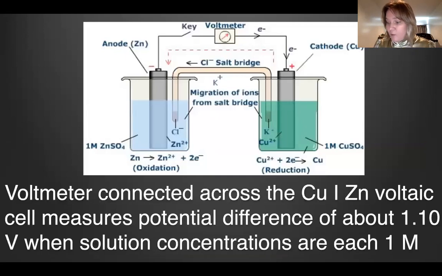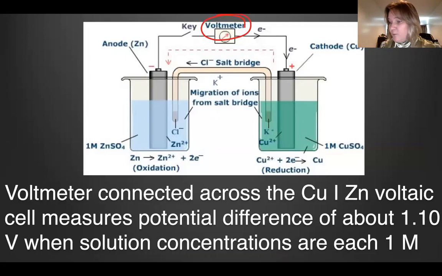So in order to measure the voltage, we connect a voltmeter in the middle of the electrochemical cell. So the voltmeter connected across the copper zinc voltaic cell measures the potential difference of about 1.10 volts when each solution concentration is 1 molar.